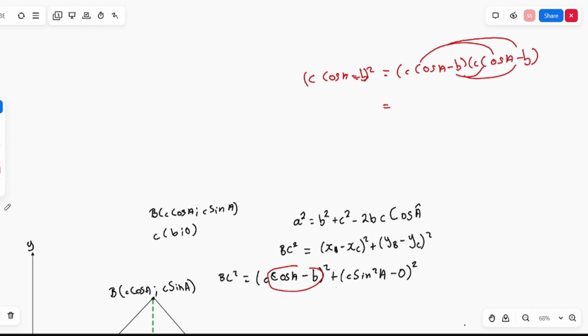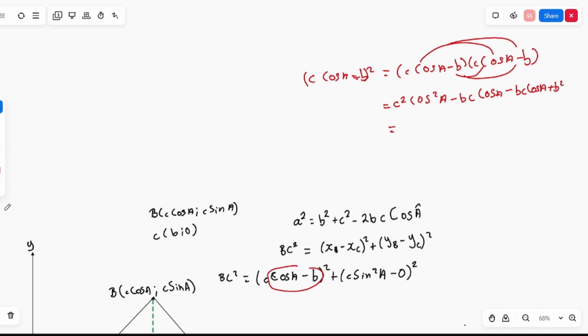So c cos A multiplied by c cos A is going to be c squared cos squared A, right? And then c cos A multiplied by negative b is going to be negative bc cos A. And then negative b multiplied by c cos A is also going to be negative bc cos A. And then negative b multiplied by negative b is going to be positive b squared.